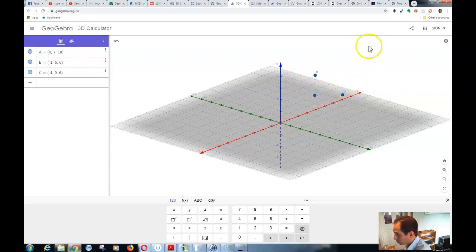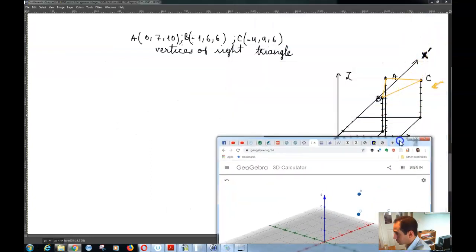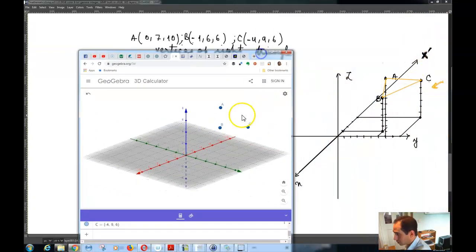But the points are more or less in the same orientation, meaning that you get your point A, point B, and point C over here.